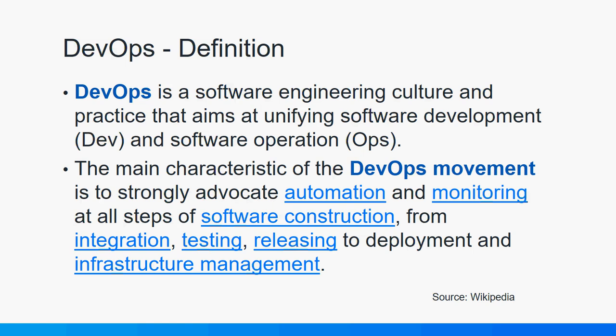It's considered a DevOps movement, which strongly advocates automation and monitoring of all the steps, including integration, testing, releasing, and infrastructure management. The last point, infrastructure management, is something we generally were not doing probably 5 years back. That is very important here, and the automation of infrastructure management is very important to get into the DevOps movement.